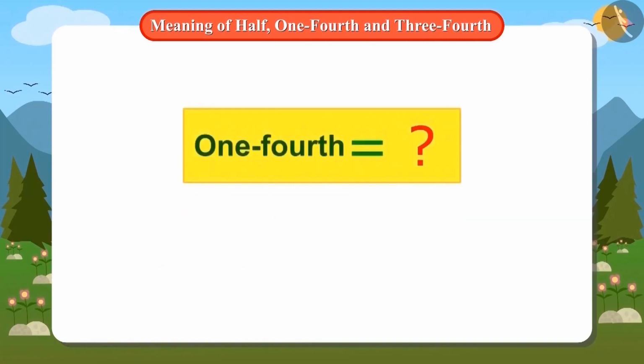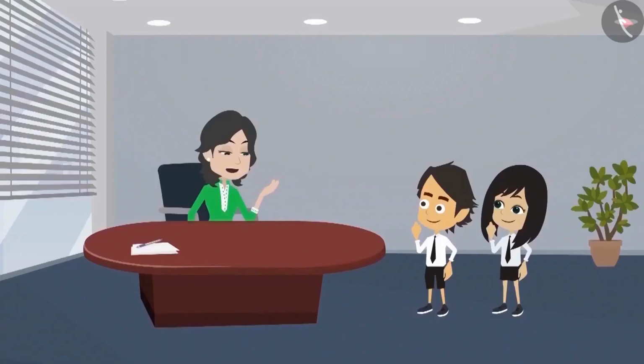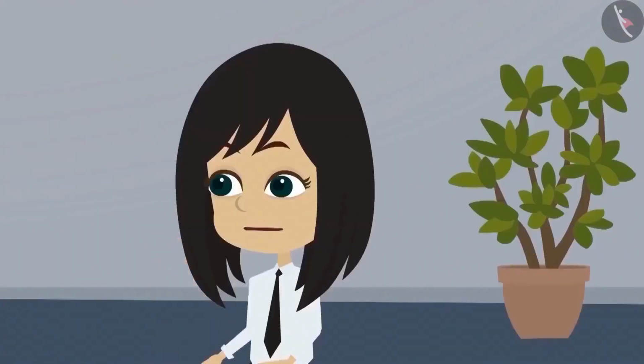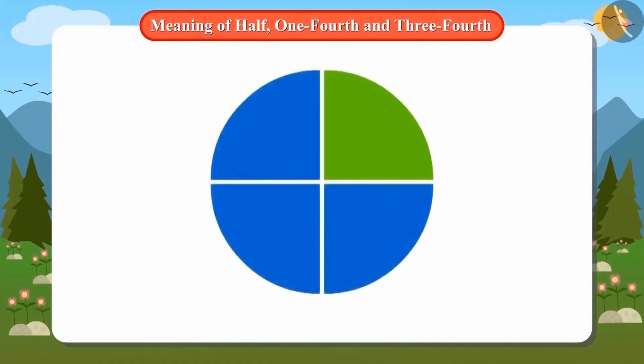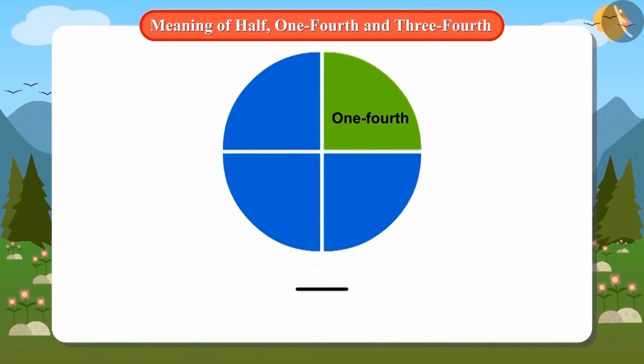And how do we write quarter? Exactly like I have written half, you can also write quarter. Let me try. 1 out of 4 equal parts of this figure is called quarter. To write this, we will first draw the line of division and then write the total number of parts of the figure in it.